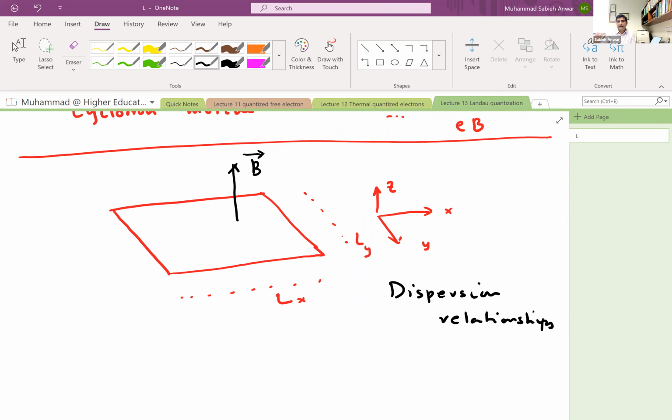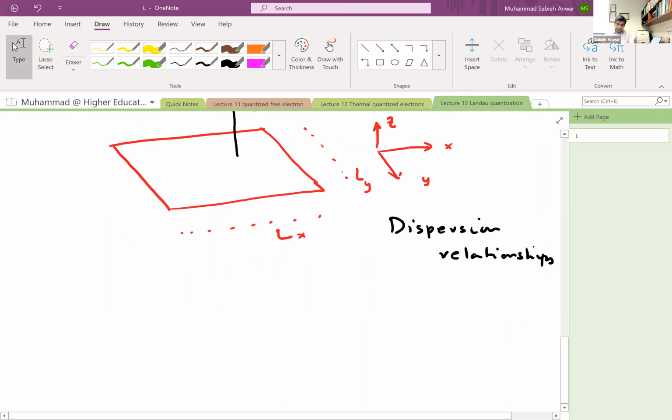In the latter part of the course, I'm going to solve the same problem with the tools of second quantization, when I talk about the integer quantum Hall effect. But today I'm going to stick to the first quantization.